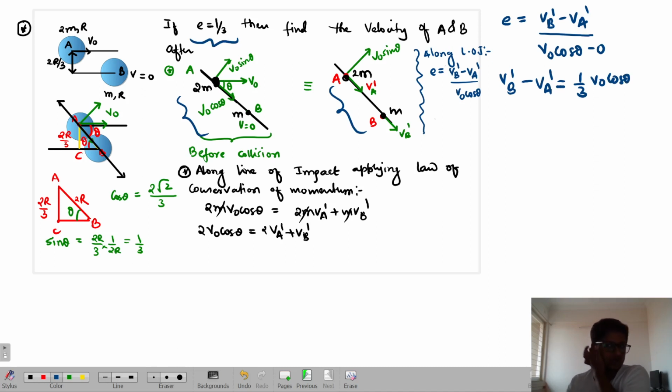So now that I have V naught cos theta, I can easily write the VB dash equation. Let us subtract both of them. VB dash will be cancelled and this will be thrice VA dash, which is equal to twice V naught cos theta minus 1 by 3 V naught cos theta.